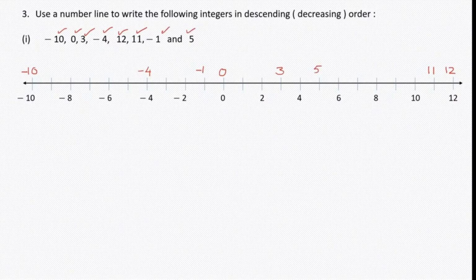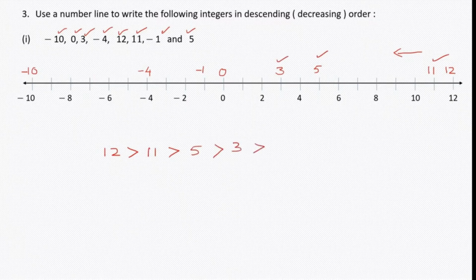Now I need to write in descending order. So this time I'm going to move towards my left, right to left, because we're writing in descending order. 12 is the greatest number. So let's write that 12 is greater than 11, which is greater than 5, which is greater than 3.